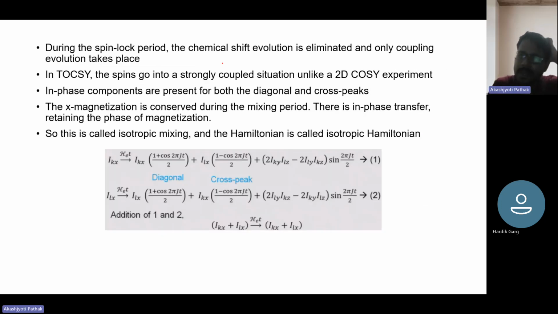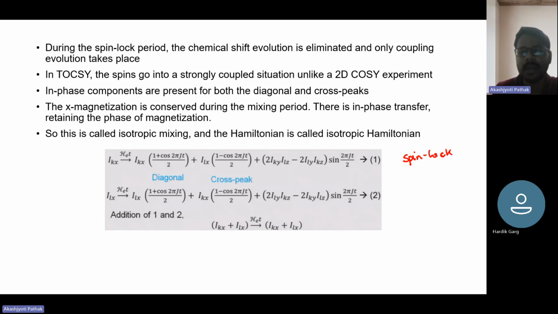During the spin lock period, the chemical shift evolution is eliminated and only the coupling evolution takes place. And in TOCSY, the spins go into a strongly coupled situation, unlike a 2D COSY experiment. This spin lock period has many functions.